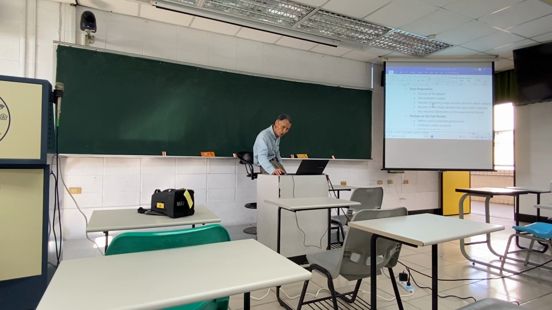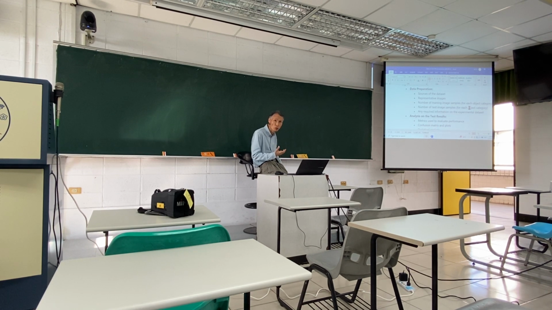It is also required that you tell the audience the number of training samples for each object category. For example, if you have 3 classes to identify, then you have to show the image for each class so the audience can understand what the problem is and what the challenge would be.